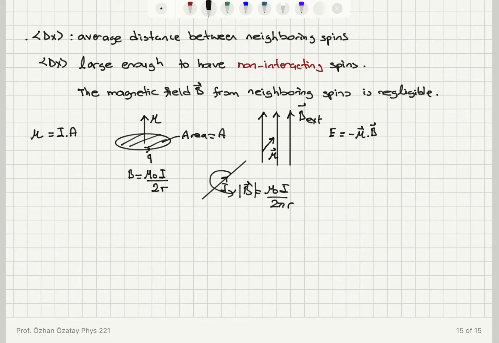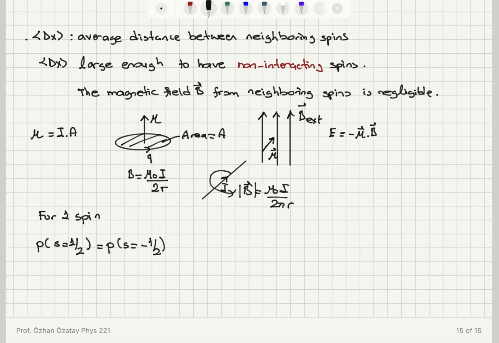Okay, so if I consider one spin, I ask myself, what is the probability of having a spin quantum number 1/2? And what is the probability of having a spin quantum number -1/2?